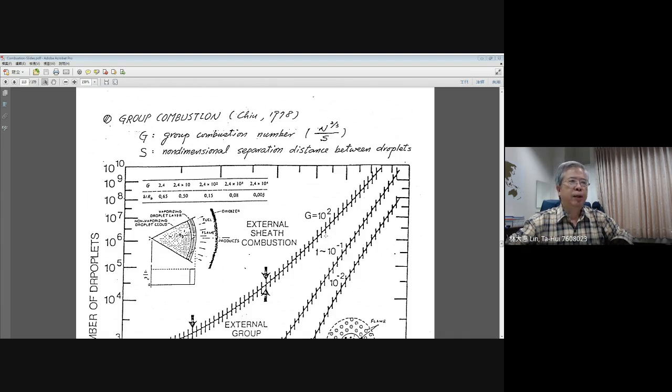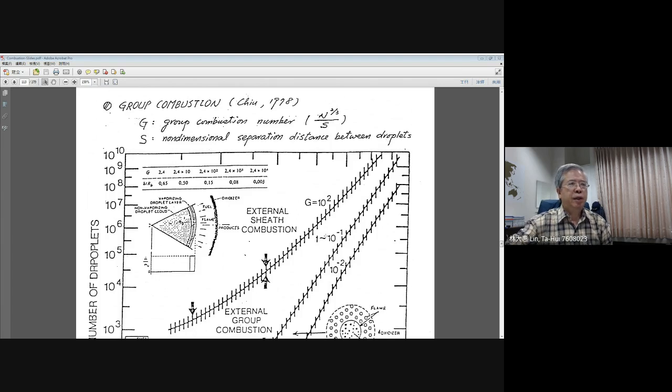Conversely, if you reduce the number of droplets or increase the separation distance, then G becomes smaller. A large G represents a group of so-called dense sprays, and when the G number becomes smaller, that means you have a smaller number of droplets and also a larger separation distance for droplets in a given control volume. That relates to dilute spray conditions.